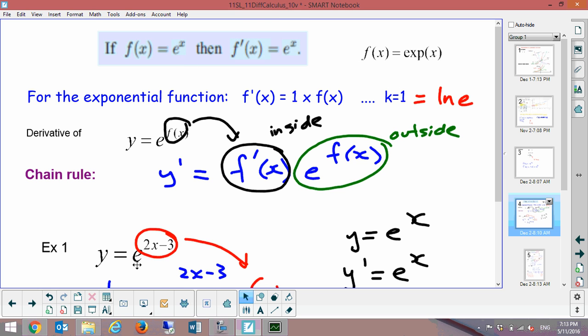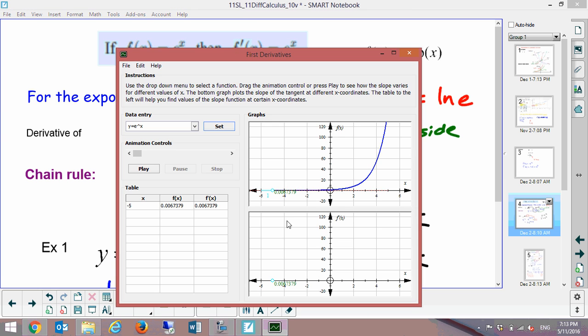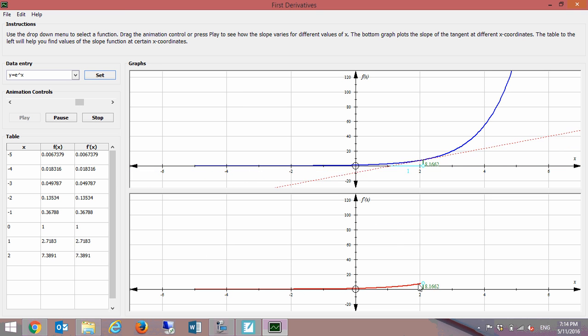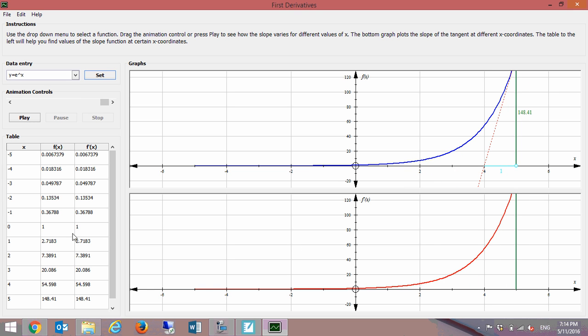So you may have looked at this earlier, but if I have this graph here, and we've set up y equals e to the x, so that's this curve here, when I work out the derivative function, which is this one down the bottom, we see that it's following the same pattern. That's what we saw before. But what we actually find if we look over here at the table of values is that it's exactly the same.